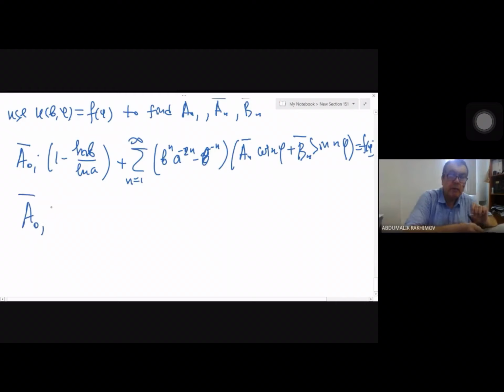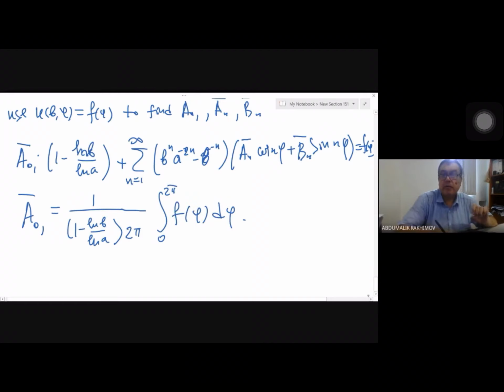A01 bar is equal to 1 over, this constant is coming here, ln B over ln A times 2 pi, integral from 0 to 2 pi, F(phi) d phi. This is A0.